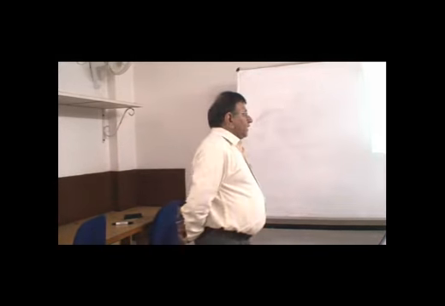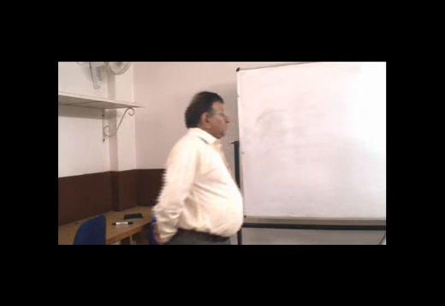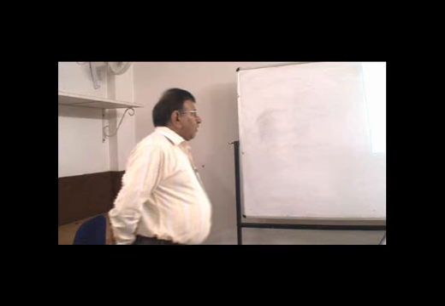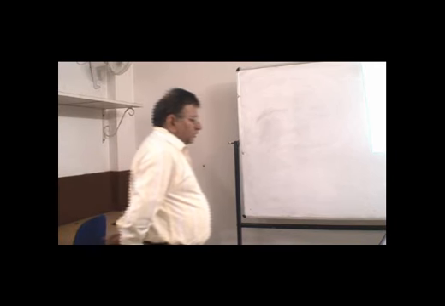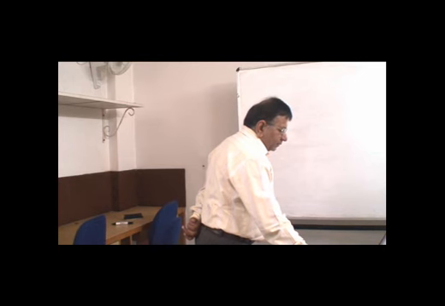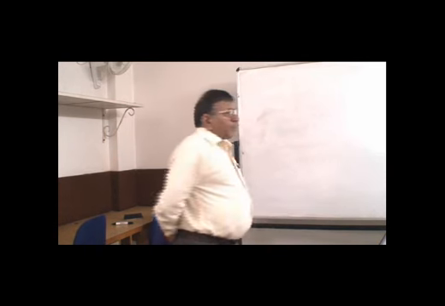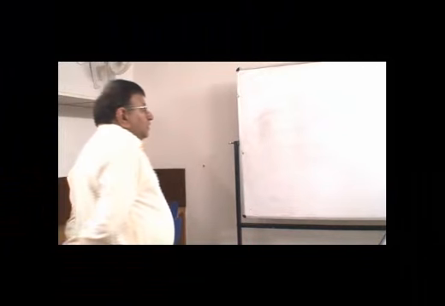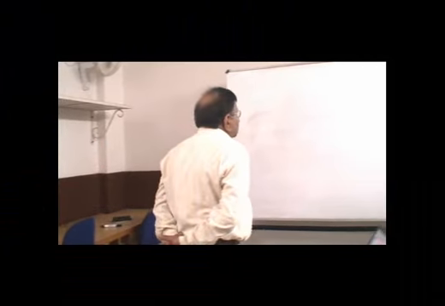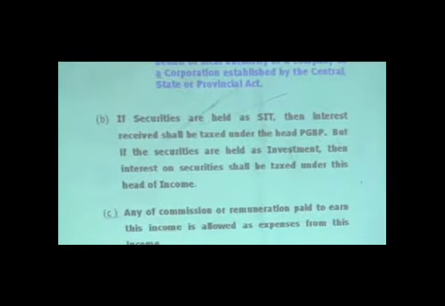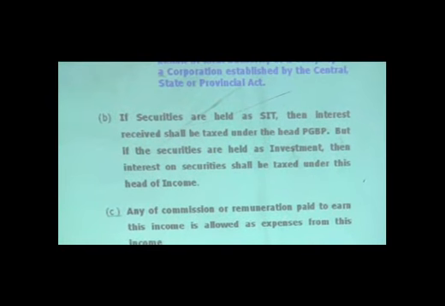In a nutshell, we can say that interest on security means central government security, state government security, or debentures or other securities for the purpose of money issued by the company. Now, the treatment of the interest on security will depend on whether these securities are held as stock in trade or as an investment.